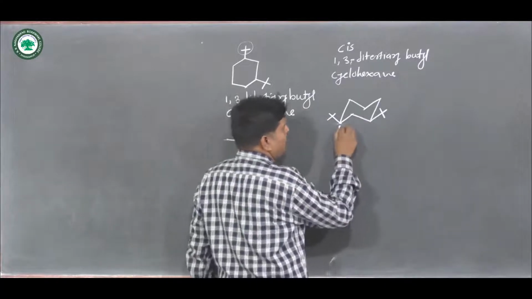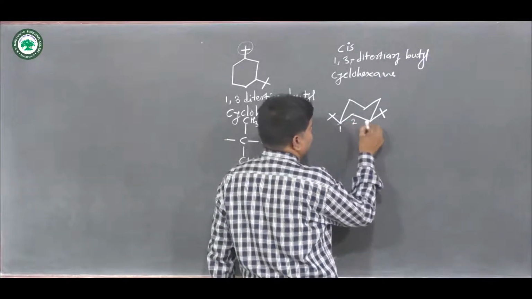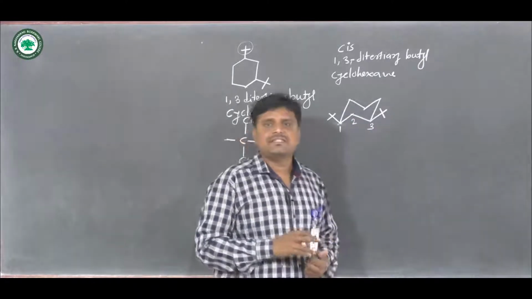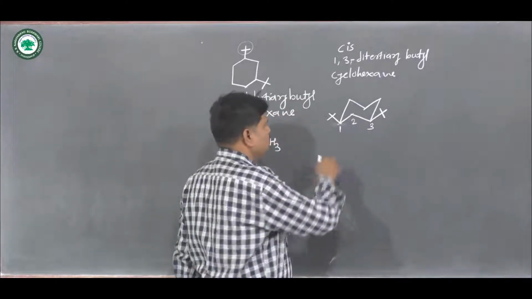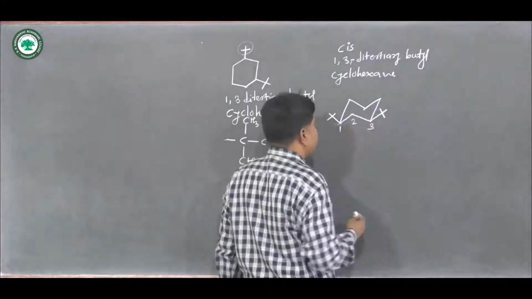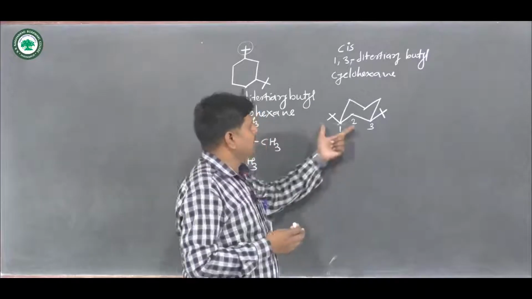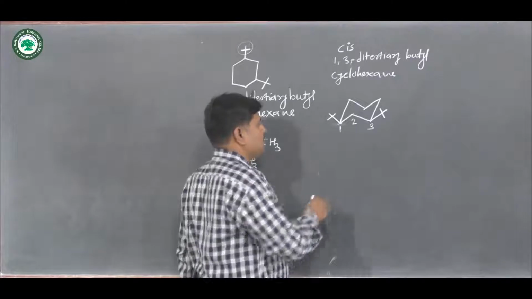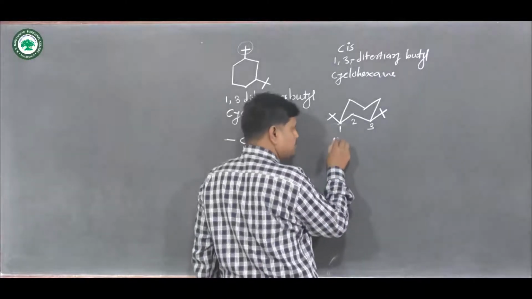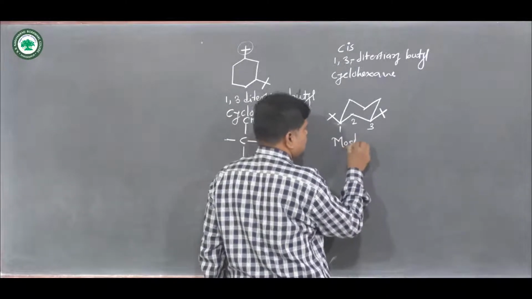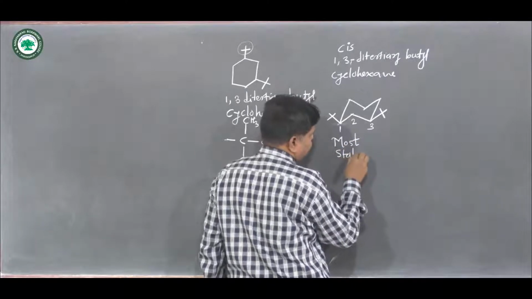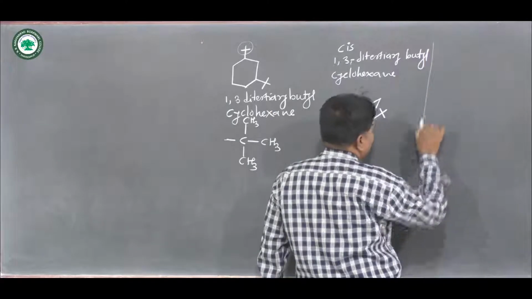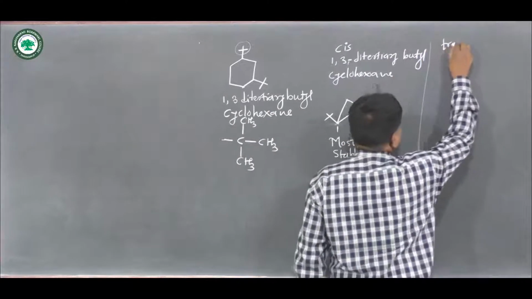So this is the proper conformation of cis 1,3-ditertiary butyl cyclohexane, having both substituents at the equatorial position. This is the most stable structure.